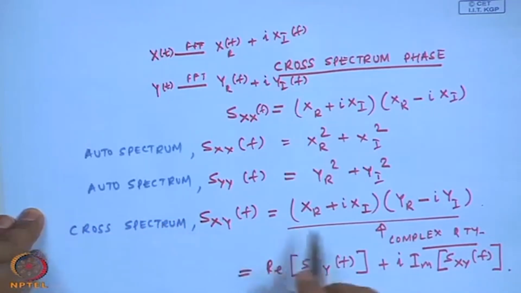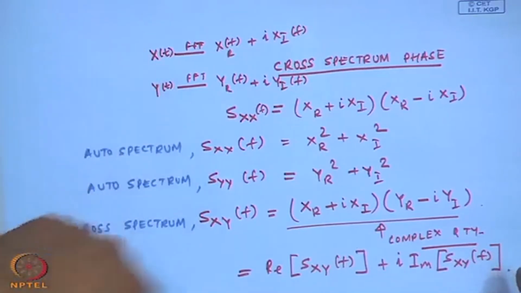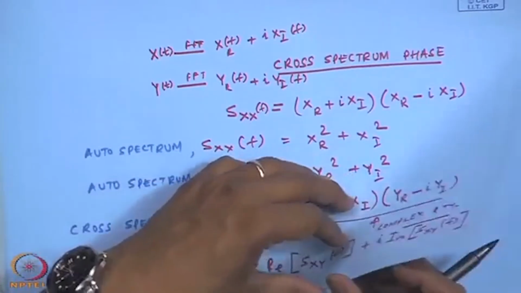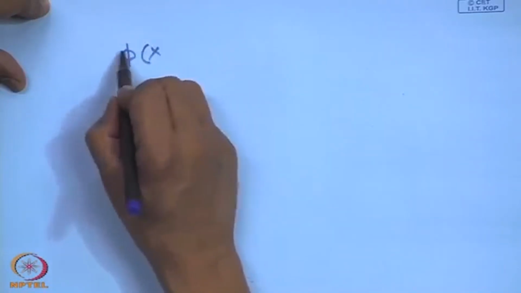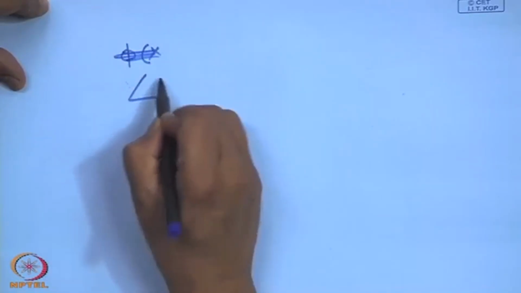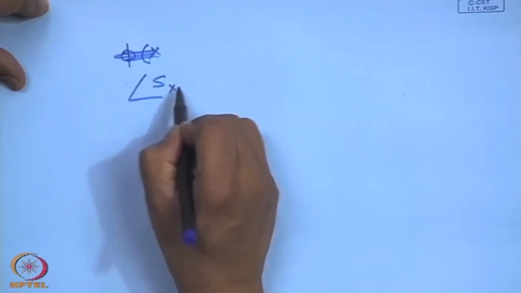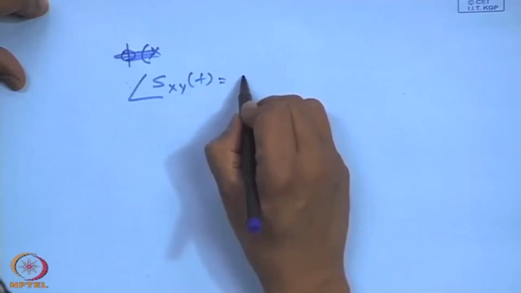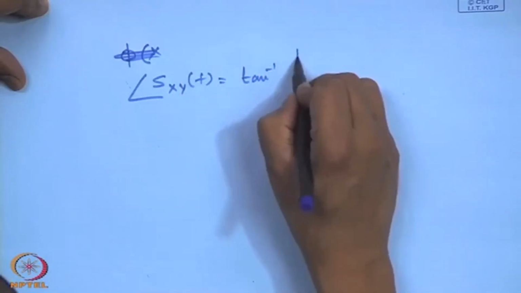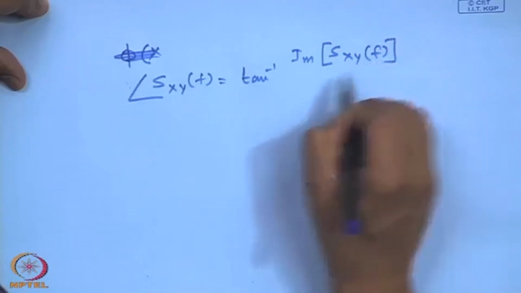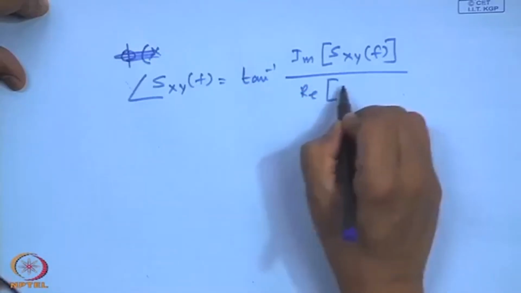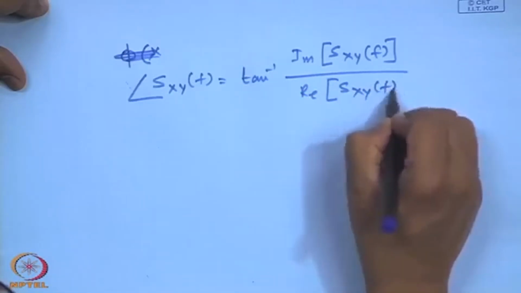The reason I am telling you this is how in the FFT analyzers the phase between a few signals is calculated. So, the phase between signals x and y, phi of the cross spectrum Sxy(f), is nothing but tan inverse of the imaginary part of Sxy(f) by the real part of Sxy(f).